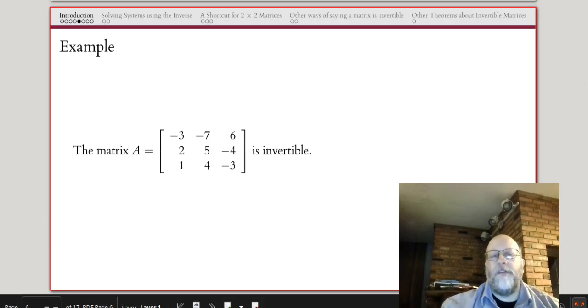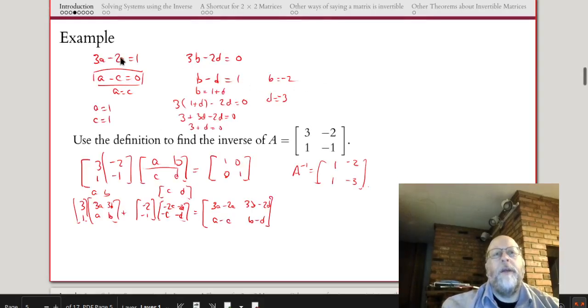So this matrix is invertible. But we're going to show this using a different process here. What I want to observe from the last example is that these two systems of equations are structurally the same on the left side.